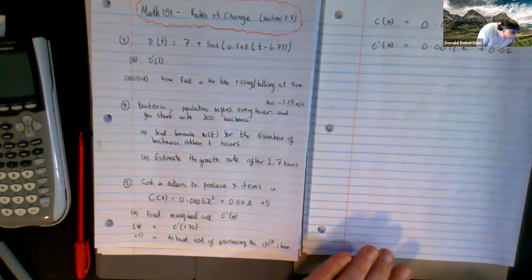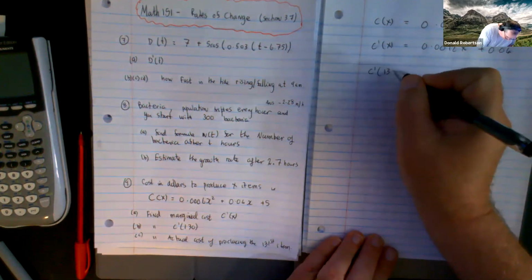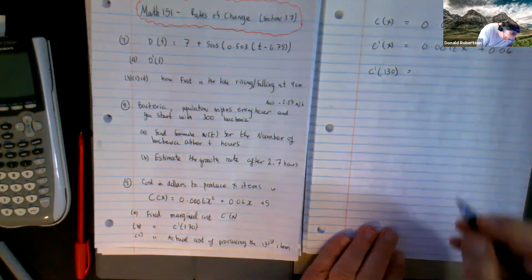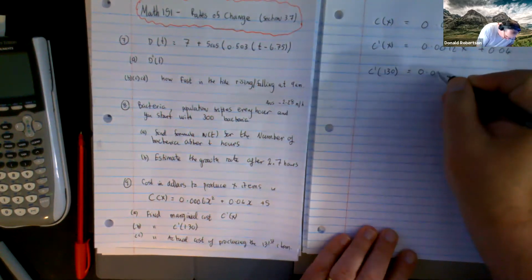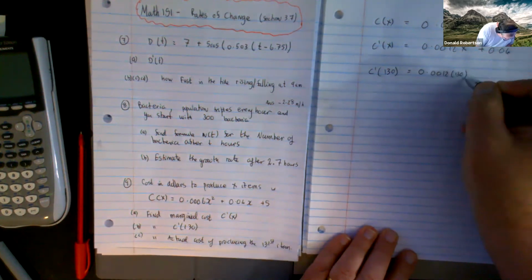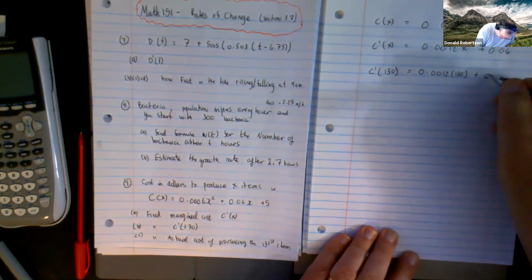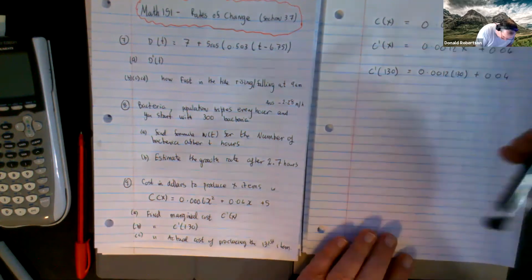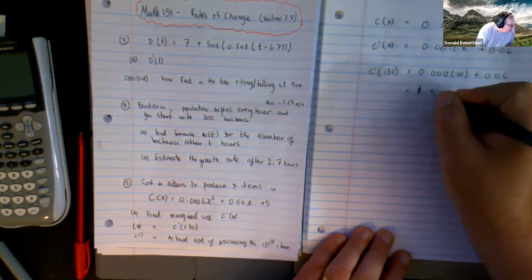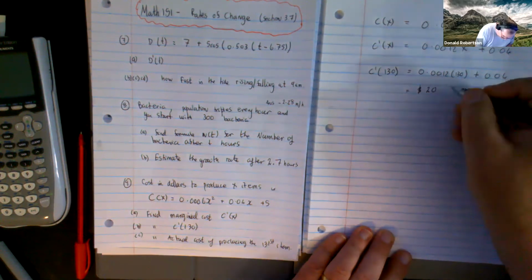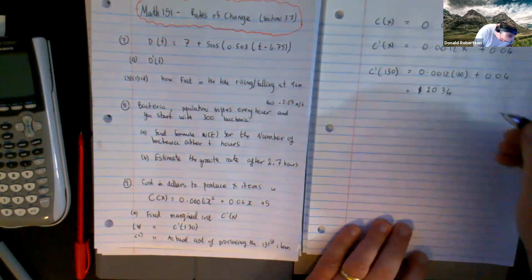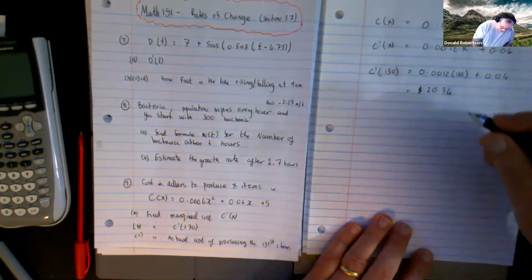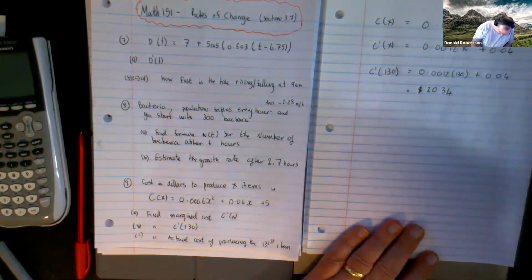And if you want to find the marginal cost when you're producing 130 items, it's 0.0012 times 130 plus 0.04. And someone else has already done that for me, so let me find out what the answer is. And the answer is $20.34. And this is the rate at which the cost is increasing.